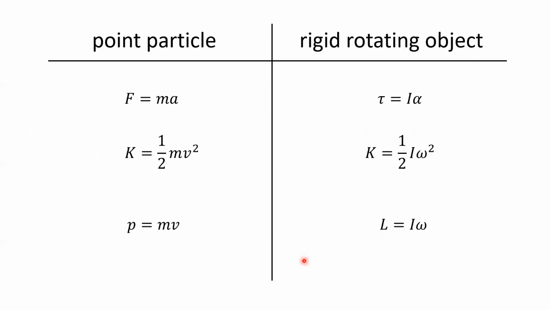Okay, so I've prepared this beautiful little table for you, comparing and contrasting useful quantities for point particles and extended objects which are rotating about a fixed axis, because the comparisons here should help you remember everything. F equals ma is the main dynamical result we've been using throughout the semester.